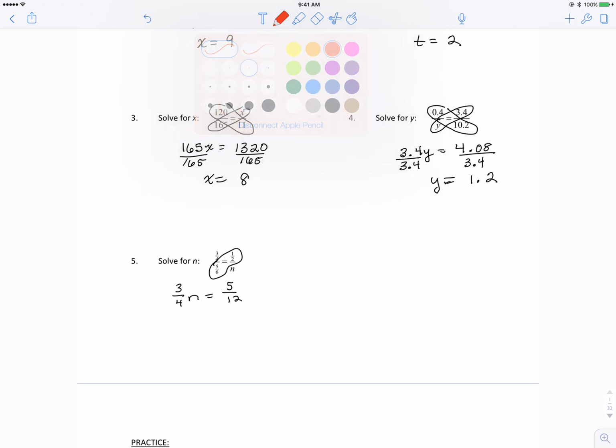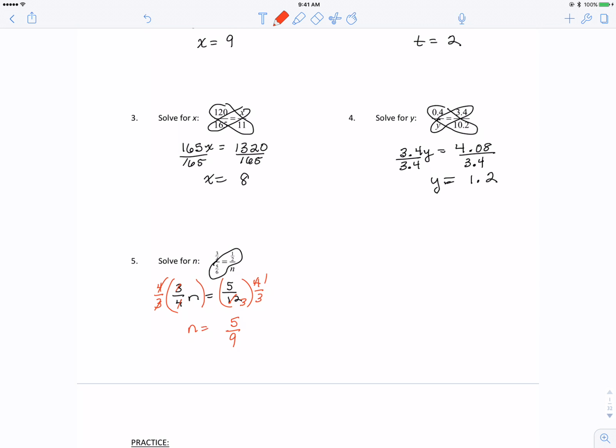And just to review how I solve the fraction problem, I divide by 3/4, which is the same as multiplying by the reciprocal, which is 4/3. These would cancel, these cancel, and you get 5/9.